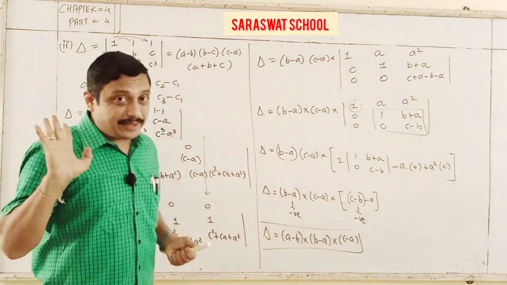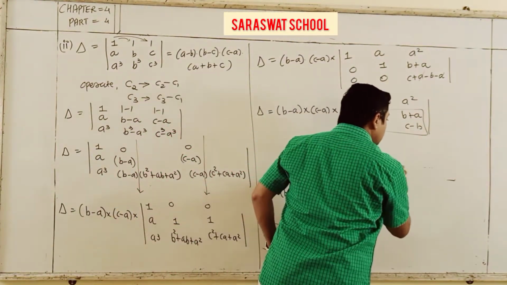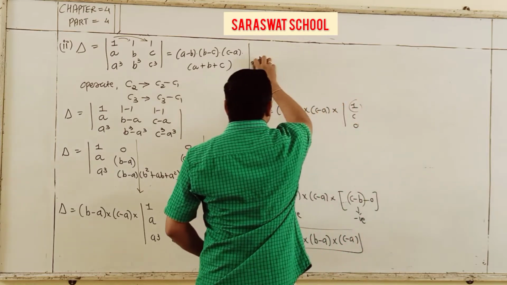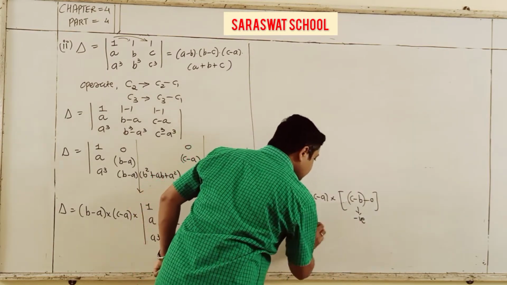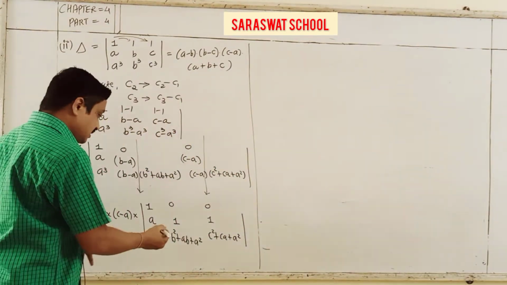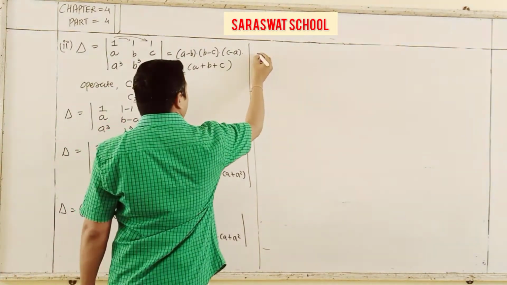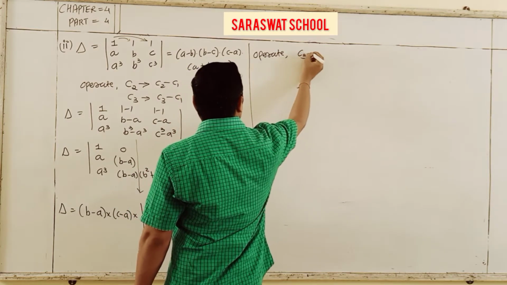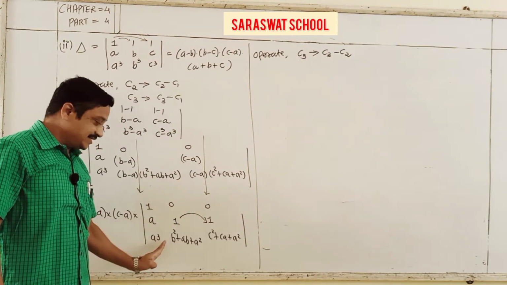Now two 0s are coming. I want one more 0, it means a third 0, and to define it is very easy. You just create subtractions here. By that, this minus this, definitely 0 coming. So I want to operate on the del third column change, third minus second, third minus second.